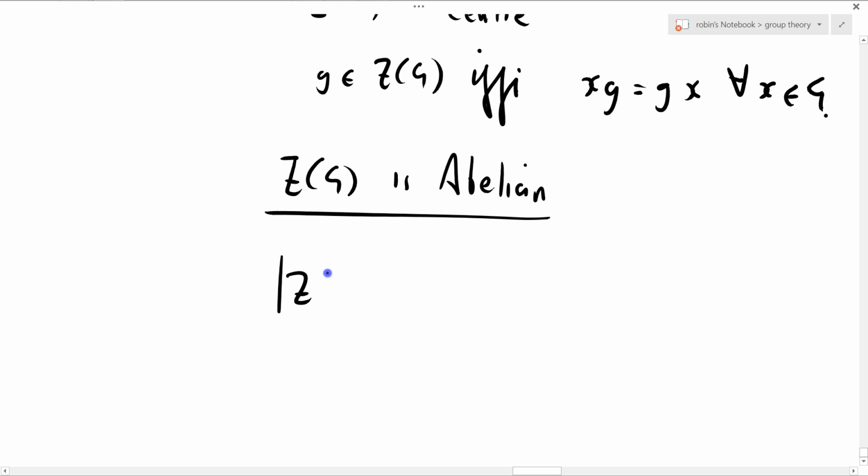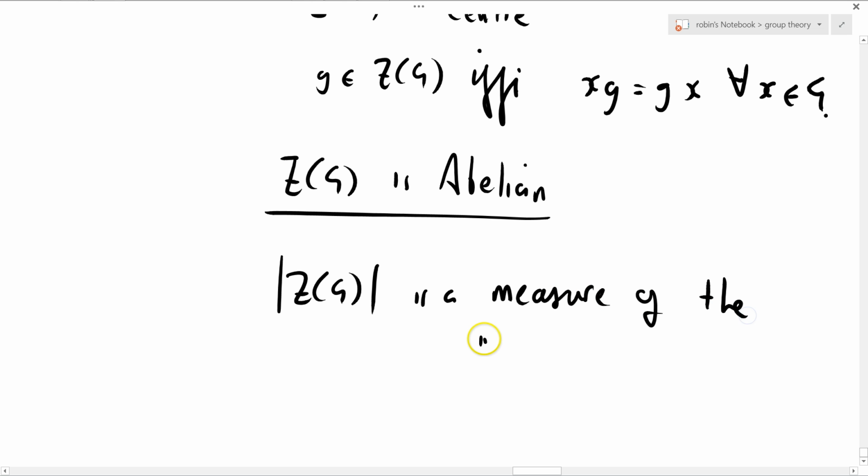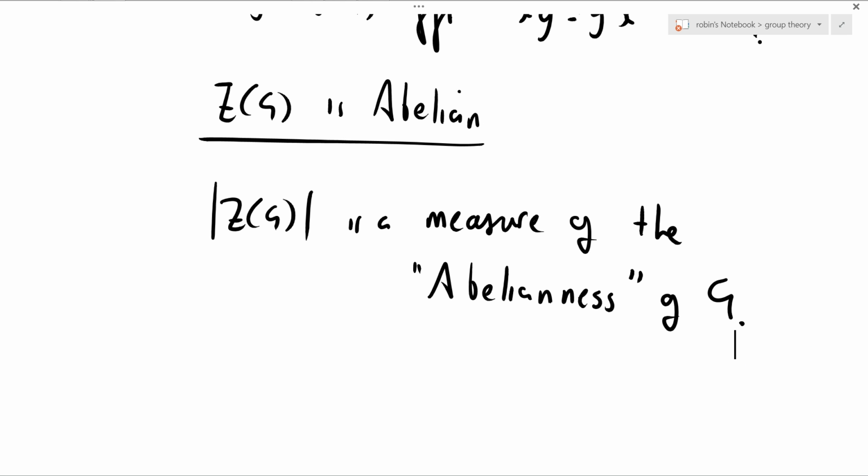The size of Z of G is a measure of the "abelianness" of G, and I'm putting that in scare quotes because it's not really defined. It's not even a word, I don't think.